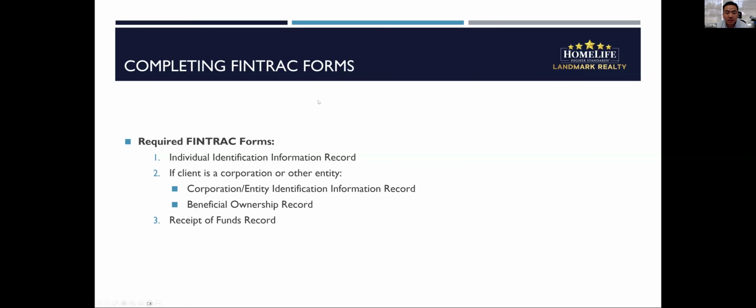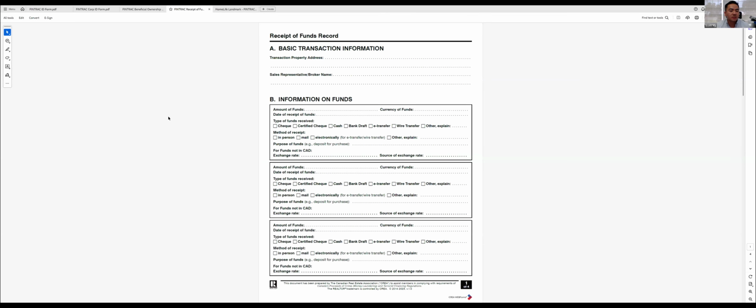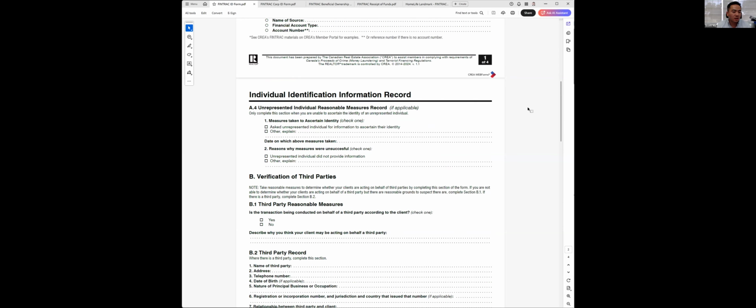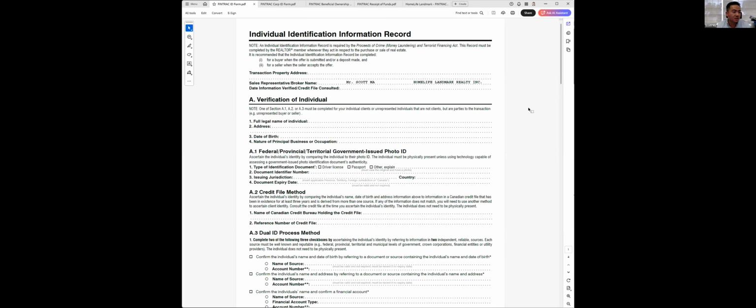Let me shift to the forms themselves. I just want to show everyone which forms we're talking about. Hopefully you can see all this. The first form is the individual ID form. This is probably going to be the most common form you're going to fill out, because whether you're helping a seller or a buyer, you have to fill out the form.